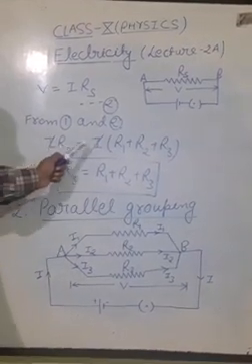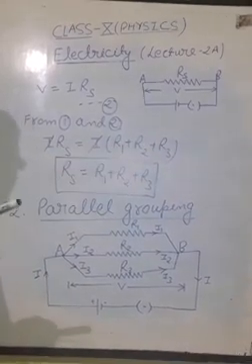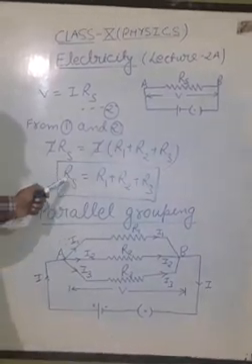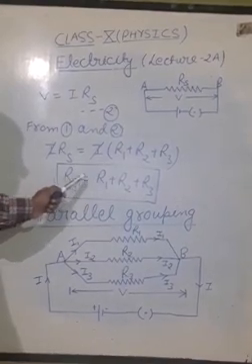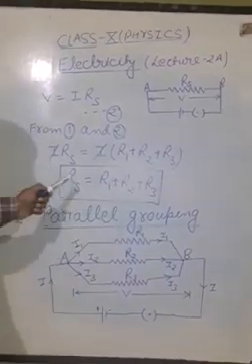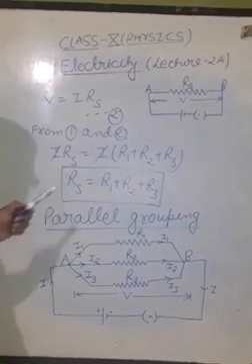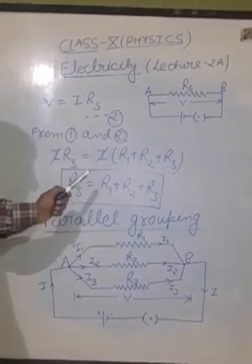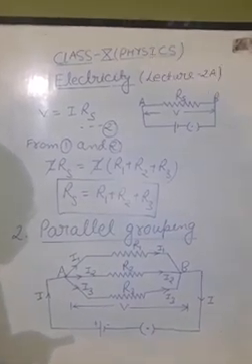I into Rs equals I within bracket R1 plus R2 plus R3, and after simplification we get the expression for equivalent resistance Rs equals R1 plus R2 plus R3. Hence, in series grouping, the equivalent resistance is equal to the sum of all the individual resistances.